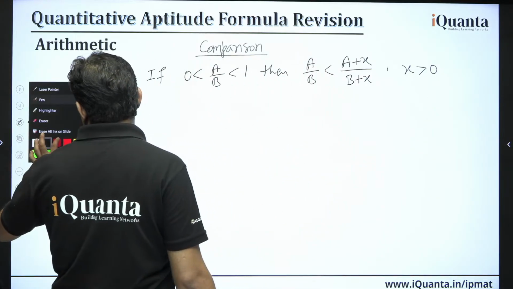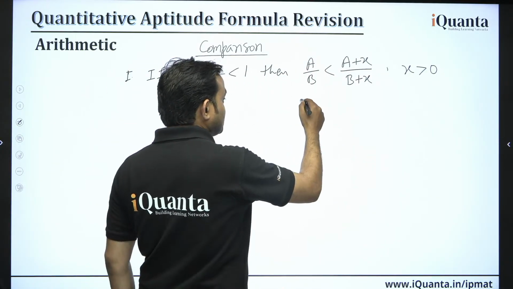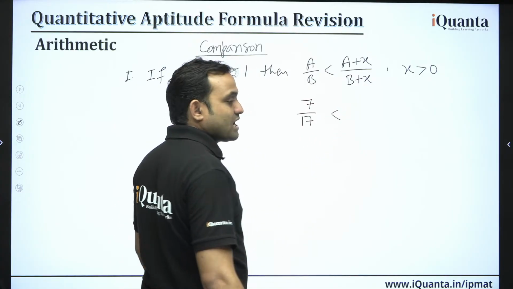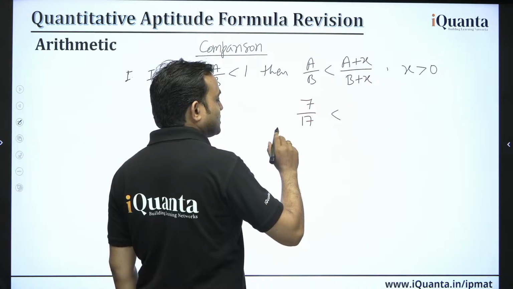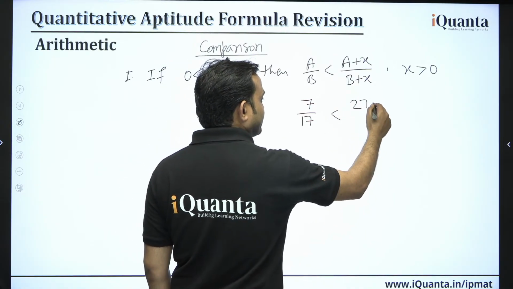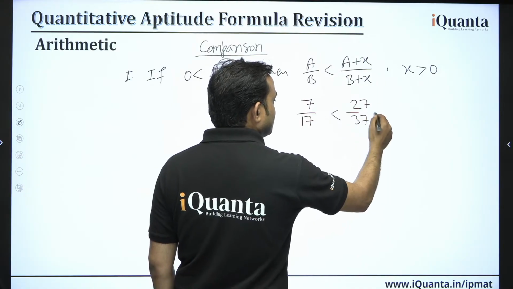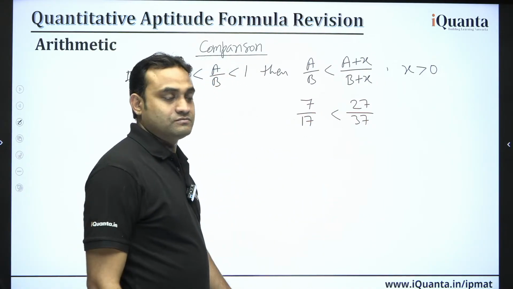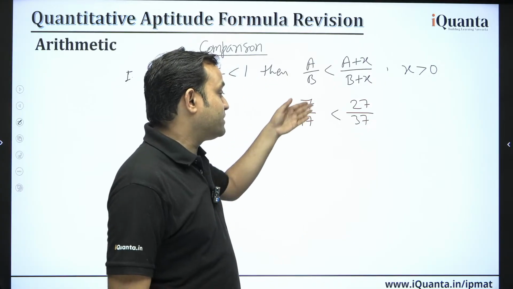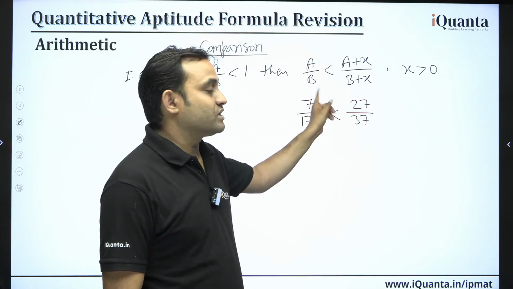For example, 7 upon 17 will be less than, if I add 20 in both the values, we get 27 upon 37. So this value will be less than this value. If you see that the difference between numerator and denominator is same, you can use this concept.